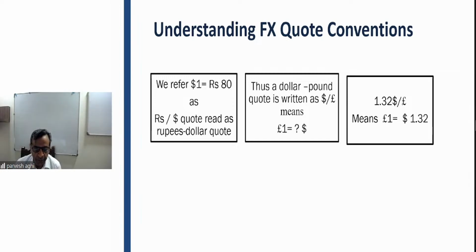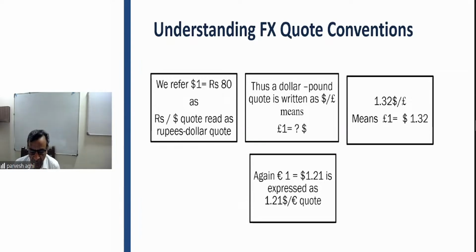Now again, 1 euro is expressed as $1.21, and this can be written as $1.21 oblique euro. So the quotes can be written in many ways, but you must understand how to interpret the quote.